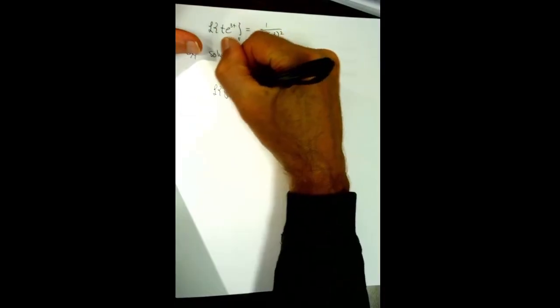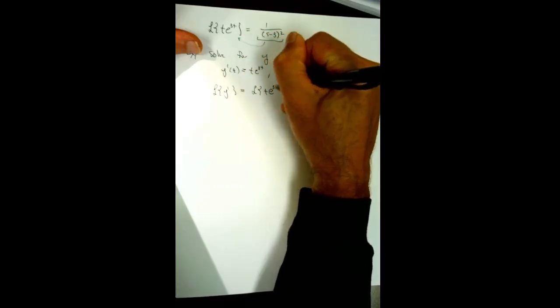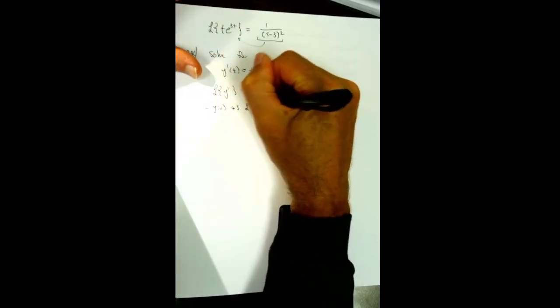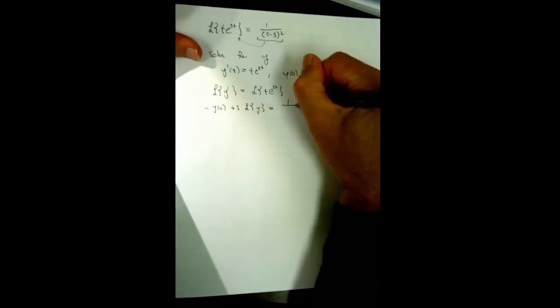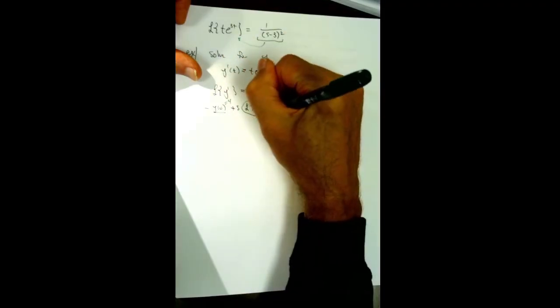But if you do the Laplace transform, we know the left-hand side is going to be minus y of 0 plus s Laplace transform of y. And the right-hand side is going to be that. So we know this is equal to 4. And that's what we want.